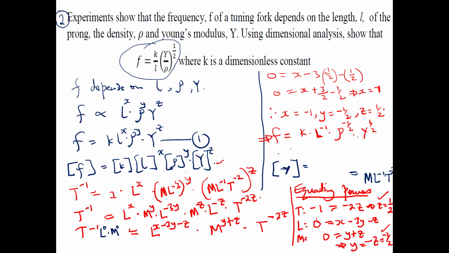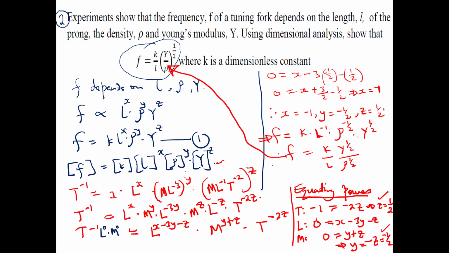So in other words, this is the same as f equal to constant k times Y power a half divided by density power a half, and then divided by L. And when you summarize this, it will give you our equation as required. So I'll end up with my f being equal to k out of L, the square root of Y out of the density rho, as my final equation, which is the same as the one given up there.